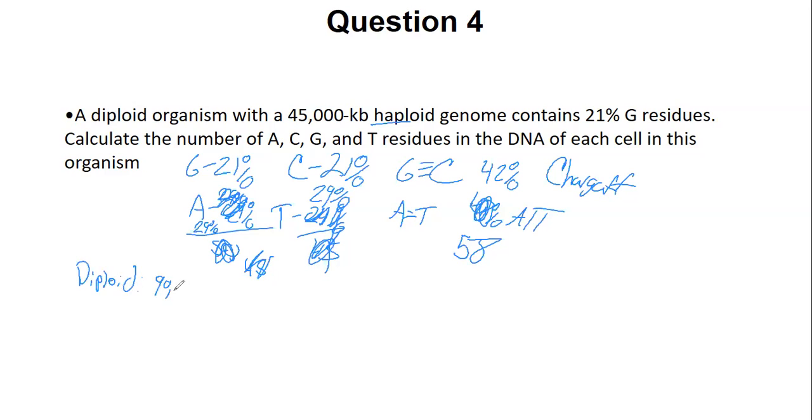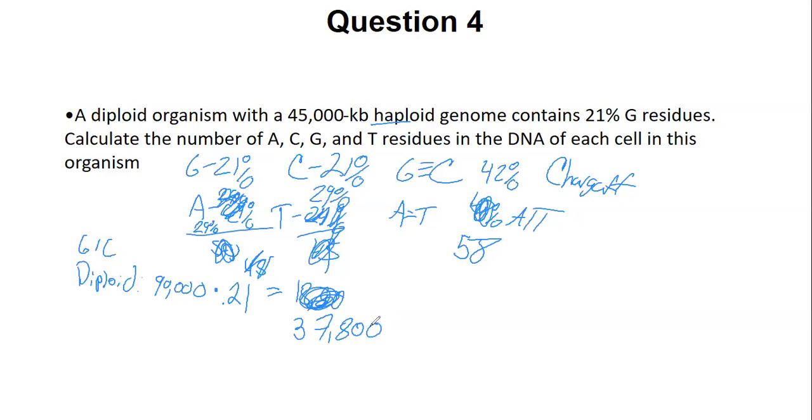is 90,000. And so there's a lot of ways you can actually solve this problem, but one way to do it is take the diploid, I'm going to solve for G and C here, multiply it by 0.21 for 21%, and you get the amount of G or C is 18,000, sorry, I'm doing half, 37,800.